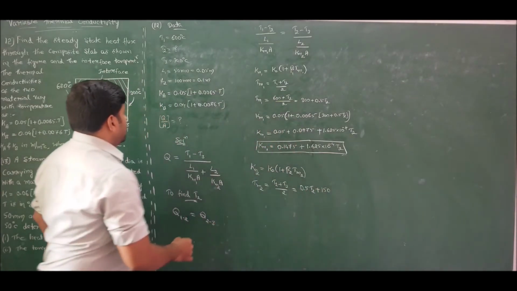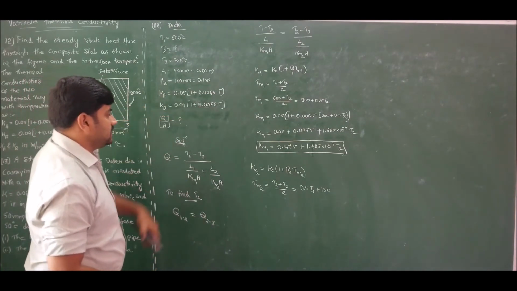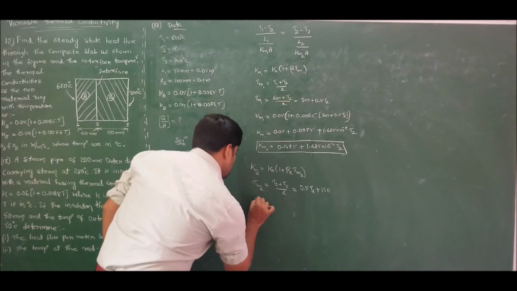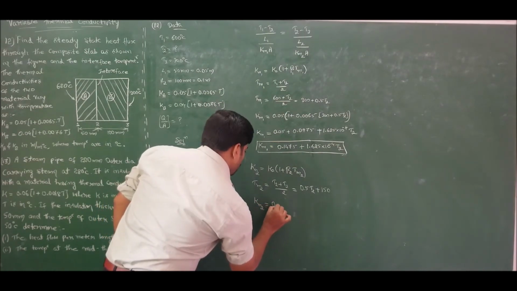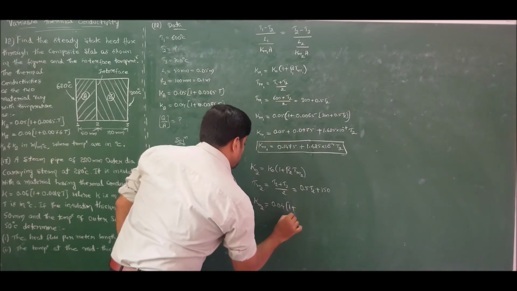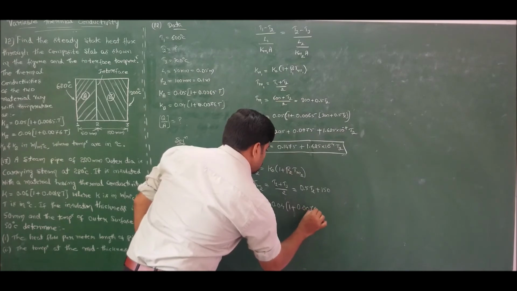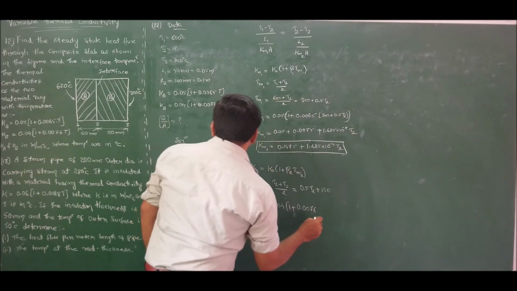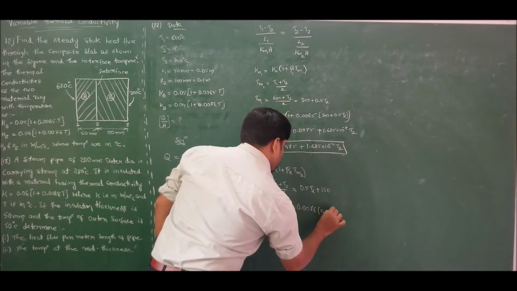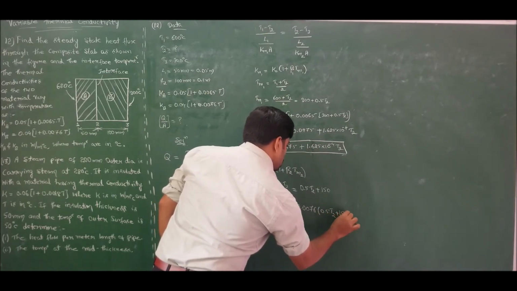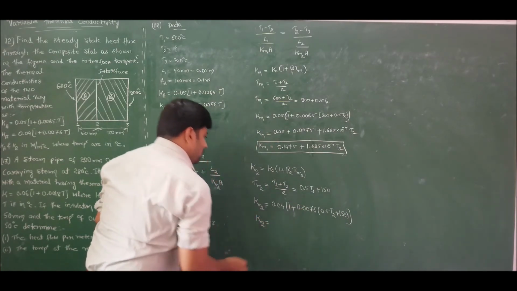Now we know the value of K0 for B, that is 0.04, and beta 2 is 0.0076, so K mean 2 will become 0.04 times (1 plus beta, 0.0076, times T mean 2, which is 0.5 T2 plus 150).